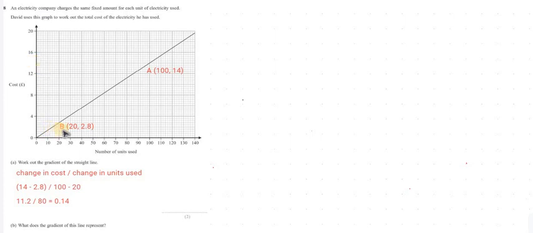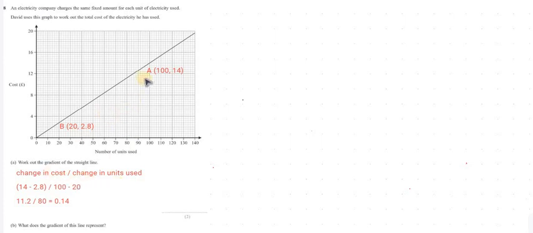That's 14. And then B, that's 20. At that point, that's 2.8. If you don't know how I got that, the scale increases by 4. There's 10 small squares, so 4 divided by 10, so for every small square, you go up 0.4. So if you count up, you get to 2.8 at that point.